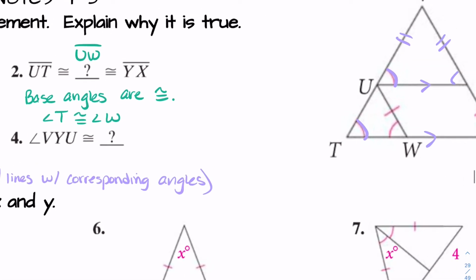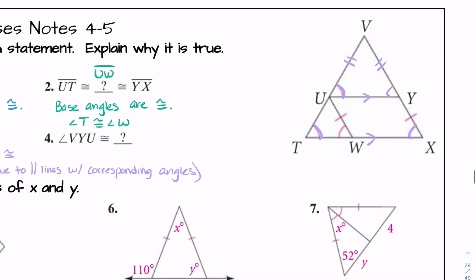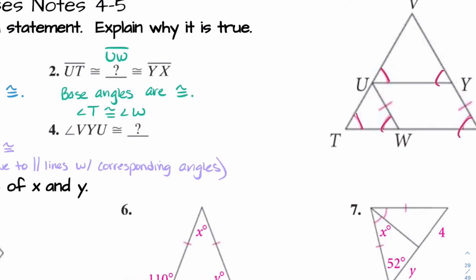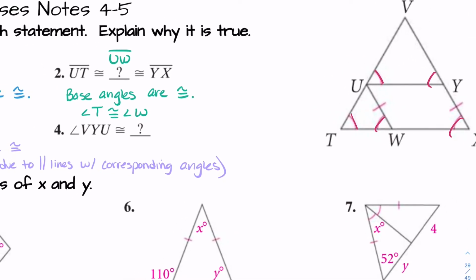Okay, VYU is congruent to a lot. VYU is congruent to this one, this one, this one, this one. Wow, it's congruent to a lot. Where do I start?